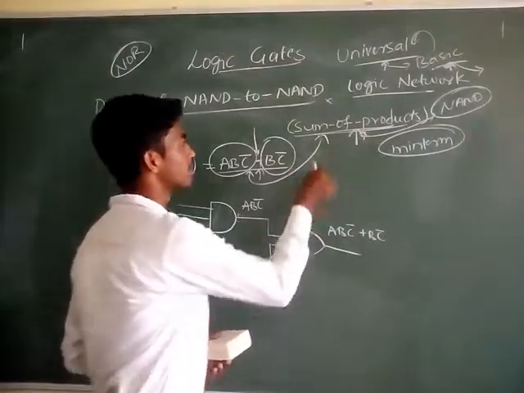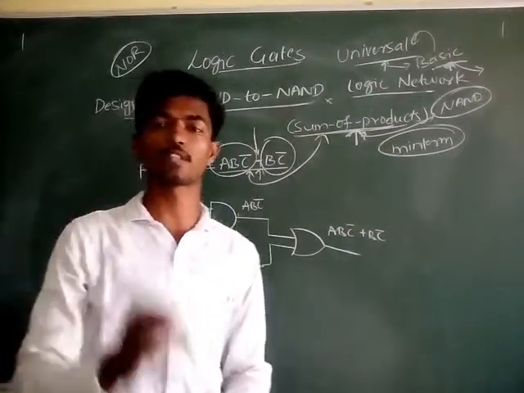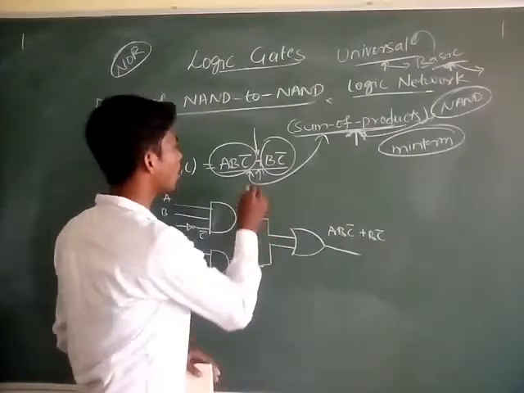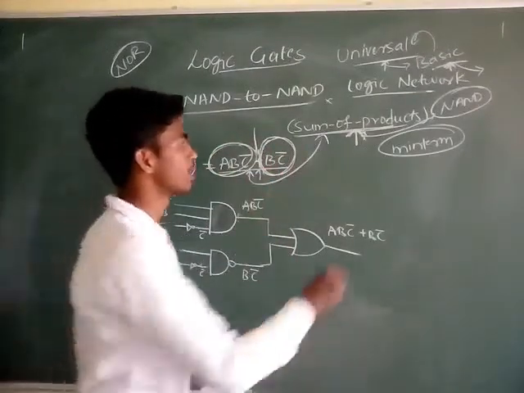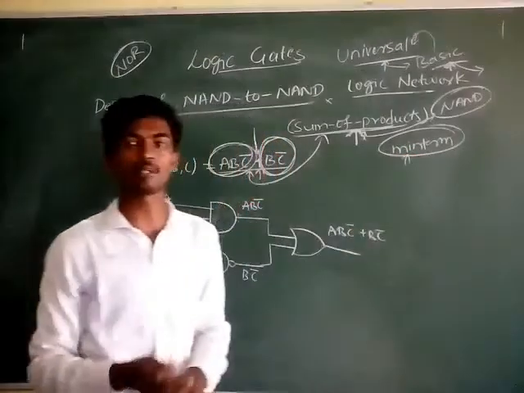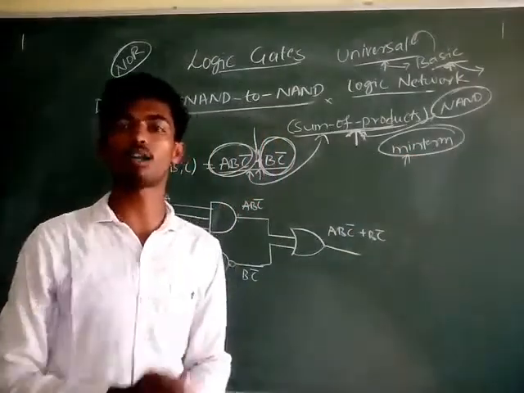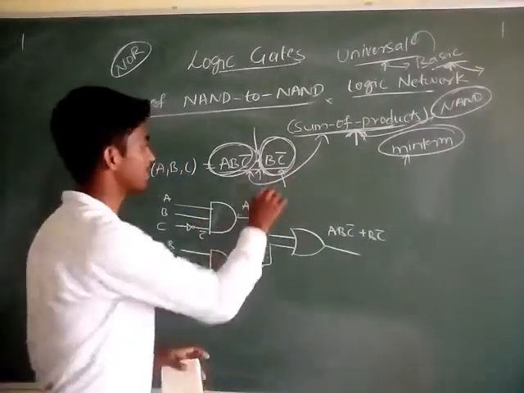But when we have the expression in the form of sum of products, this is a product term, not a min term. Don't make a mistake. This is not a min term. A min term means the product of all literals. Here we don't have all the literals, only some of the literals are there.